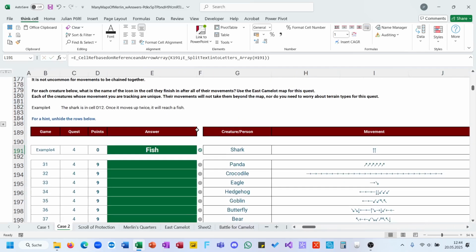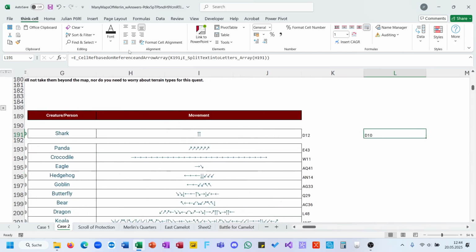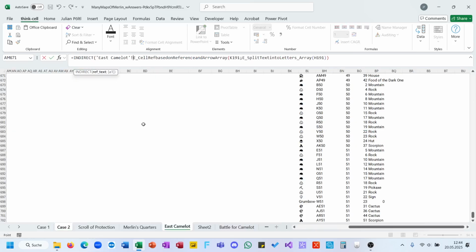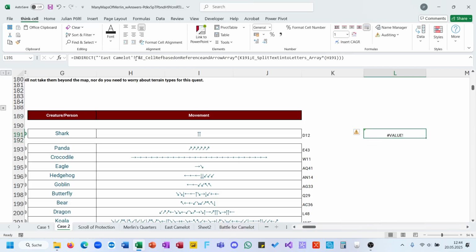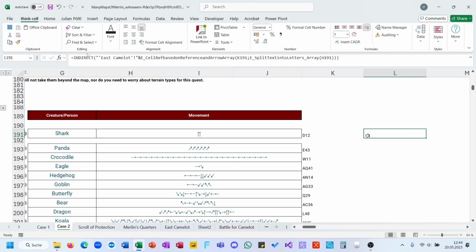D10. Yeah, moves up twice. And then indirect of this and why is this wrong? Still wrong. Yeah, I don't like that Excel is autocorrecting this.